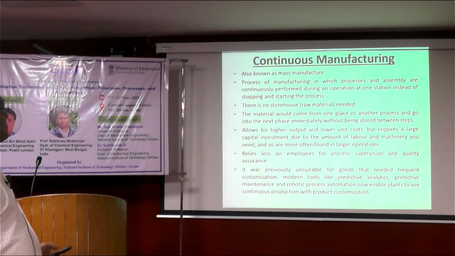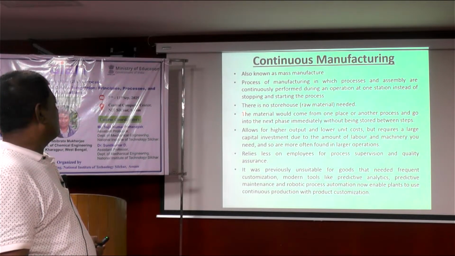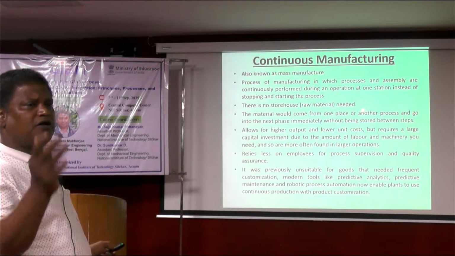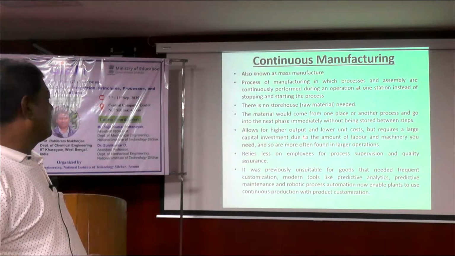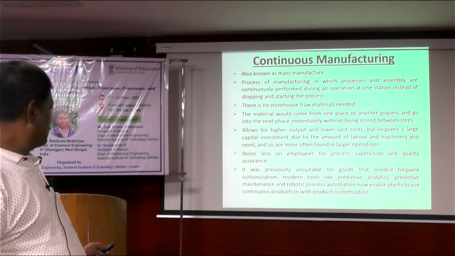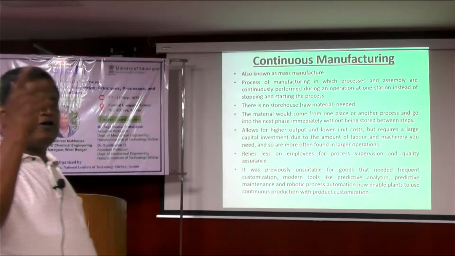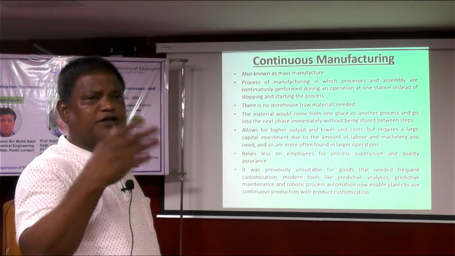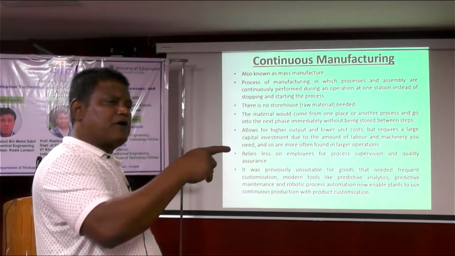Now, continuous manufacturing, that is your mass manufacturing. For mass manufacturing, there is no storehouse or raw material stock needed. Continuously it comes, things are produced and it goes out immediately. Like the tea garden. Suppose every day in the season they are plucking the tea leaves and the factory runs.